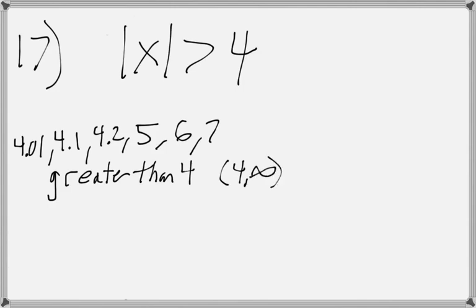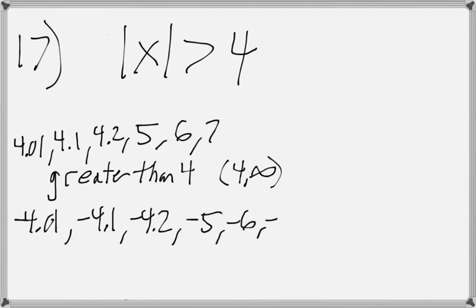Now that's only really half of our answer because of the absolute value. If you plug in the negative versions of these, so like negative 4.01, negative 4.1, negative 4.2, negative 5, negative 6, negative 7, because the absolute value bars take those negatives away, those would also be true.